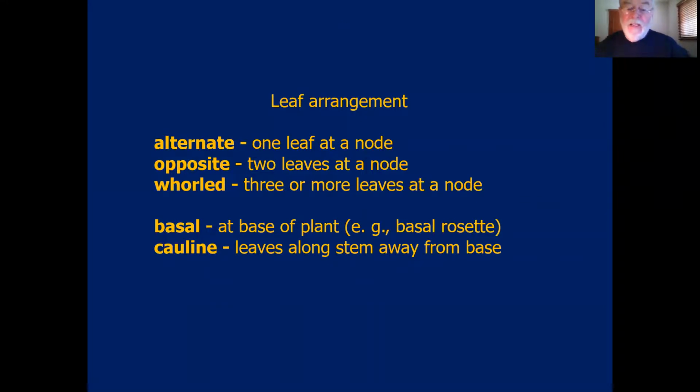With respect to where the leaves are, there are basically two types of leaves. One is known as basal leaves, which is when leaves occur in whorls at the base of a plant. And the other one is cauline leaves, when leaves occur along stems away from the base. This is similar to the subject we discussed last week of long shoots and short shoots.